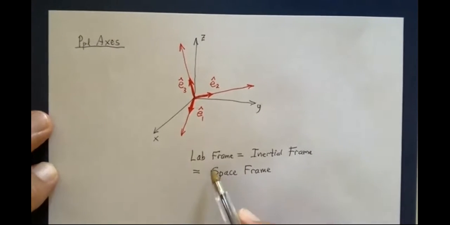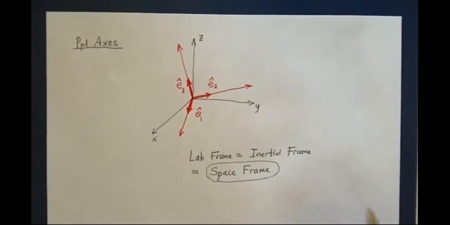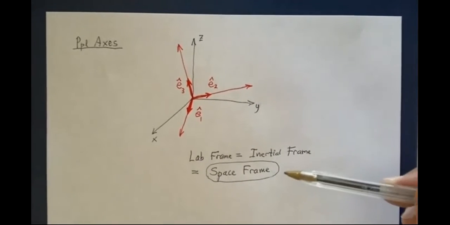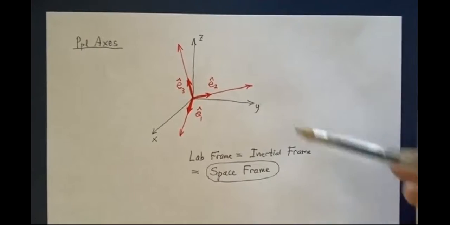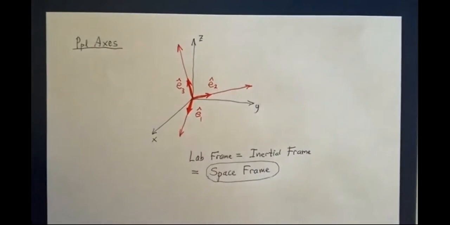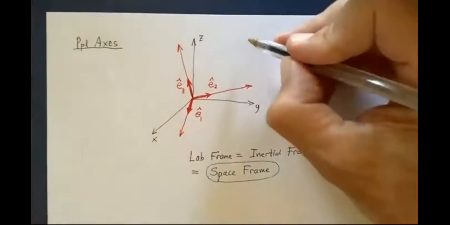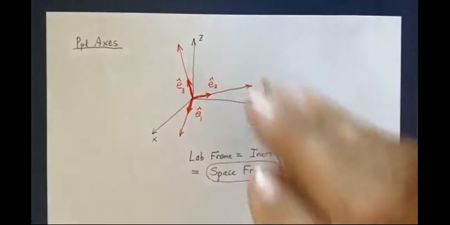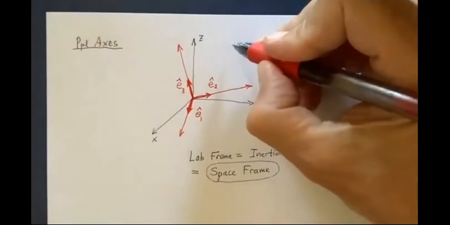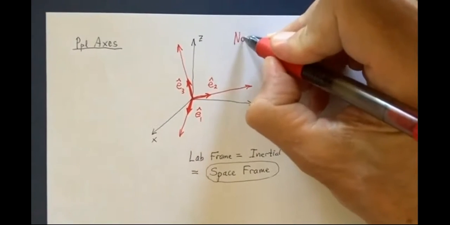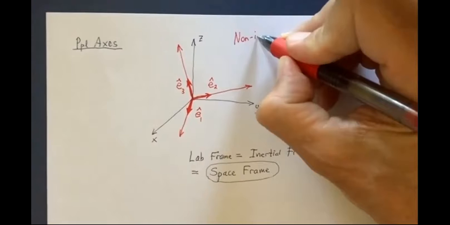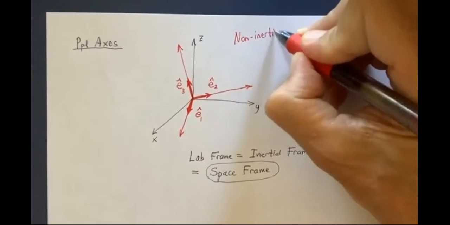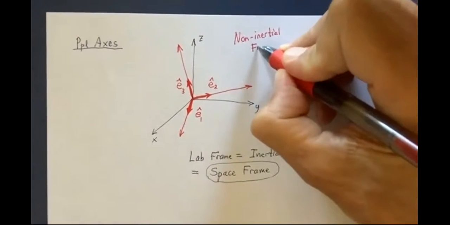Everyone uses this term, so just remember the space frame. That's what we're going to use now for this frame. We'll use this term space frame, and the red one, remember, we would have called it the non-inertial frame, the red frame, and I should use red ink for this, right? So non-inertial frame.